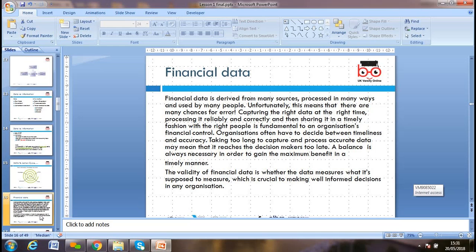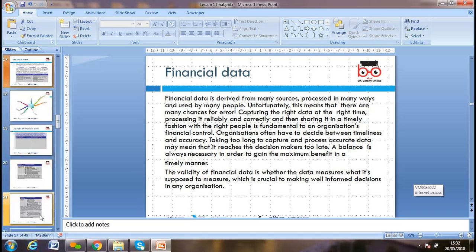The validity of financial data is whether the data measures what it is supposed to measure, and it is crucial to making well-informed decisions. So financial management needs financial data to make decisions, and the data needs to be reliable. It needs to be valid. Data is relevant to our decisions.